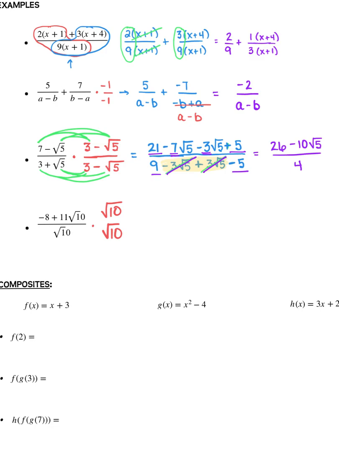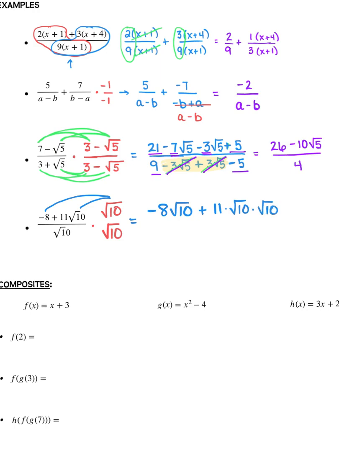And so here's what I'm going to be left with. On top, this will have to distribute. Like I do have to multiply this by both. So I'm going to have -8 square root of 10 plus, and then here, this is going to be like 11 times the square root of 10 times another square root of 10.